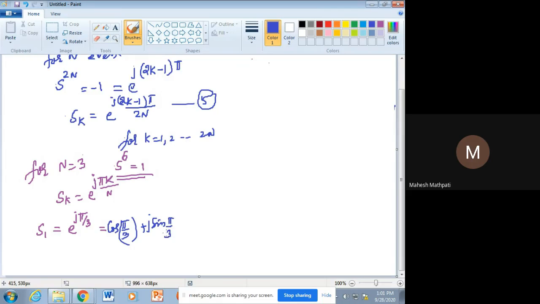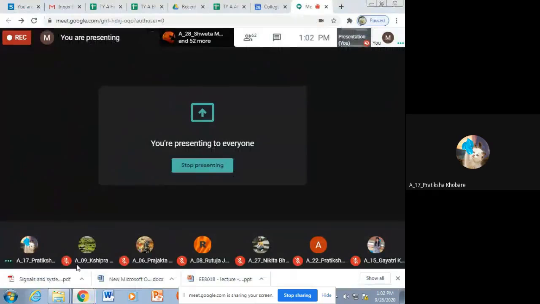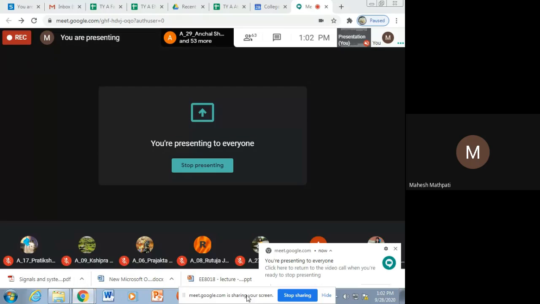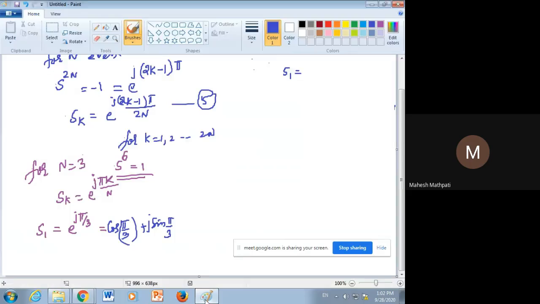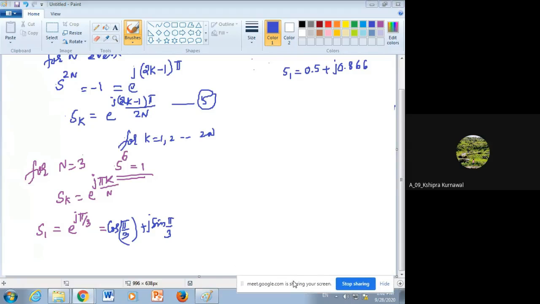So calculate its value. s1 equals 0.5 plus j 0.866. How many of you have got this value?